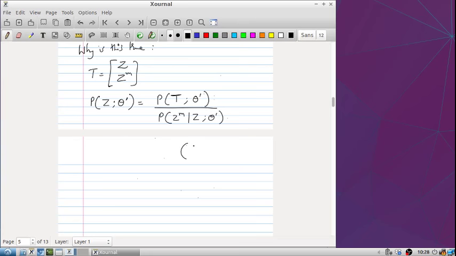So all I'm saying is the probability of, let's say, uv is the probability of u times the probability of v given u. My v's are looking like u's, so I just took this second guy in the denominator. That's all I did.